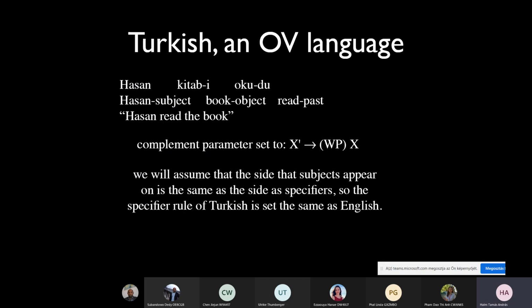Okay, so Turkish is OV because the object, the complement, precedes the head, the verb. So this is how we can explain why we have OV in Turkish and VO in English. So this is a nice illustration of how X-bar theory plus these parameters taken together explain a word order phenomenon.